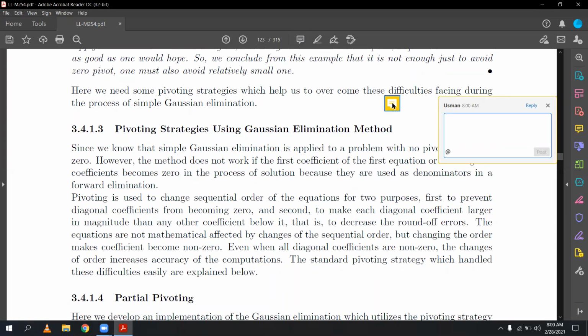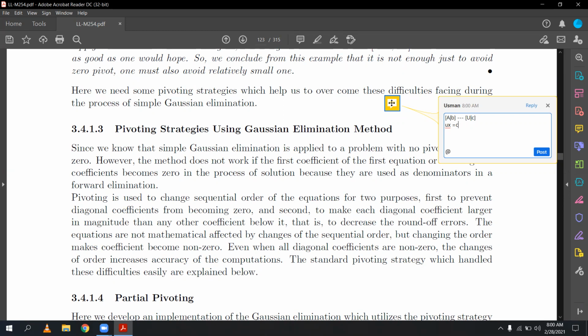In Gauss elimination, what we have to do is start with the augmented matrix AB and convert it into an upper triangle system. And then we use backward substitution to find the solution of the linear equations.